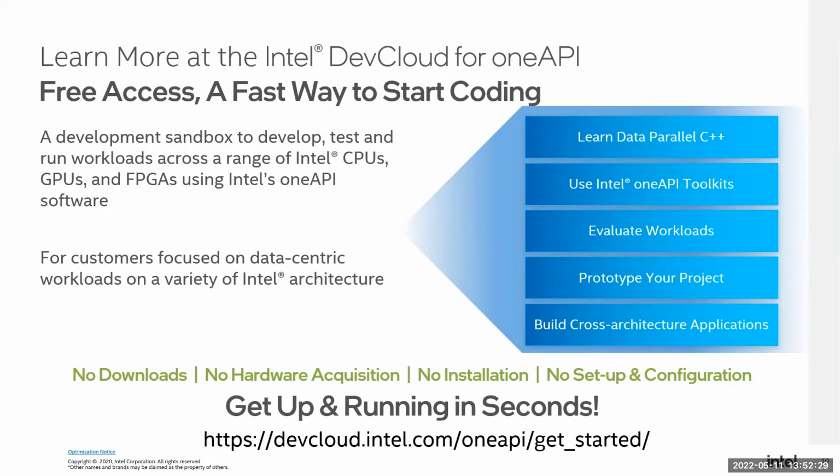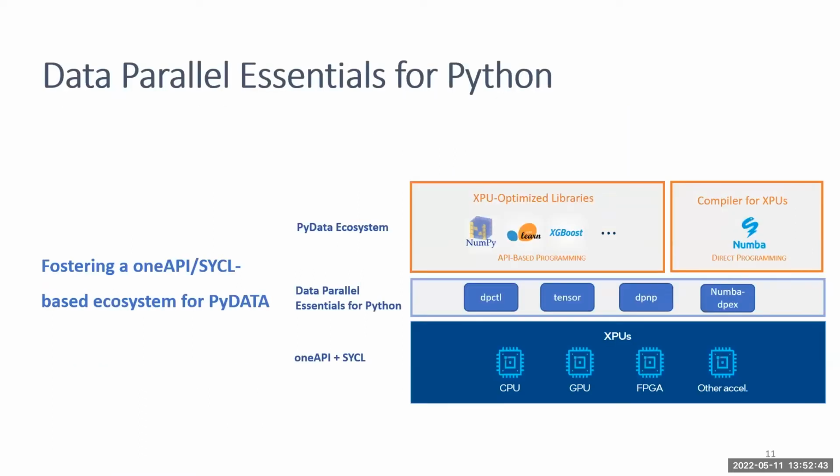So we talked about DevCloud. We saw how to create and access DevCloud, how to launch the Jupyter notebooks, and how we downloaded the material. We already talked about the basics, but just to recap: Data Parallel Essentials for Python, which used to be called DPC++ before, is a suite of packages implementing a common programming model for XPU offloading from Python.